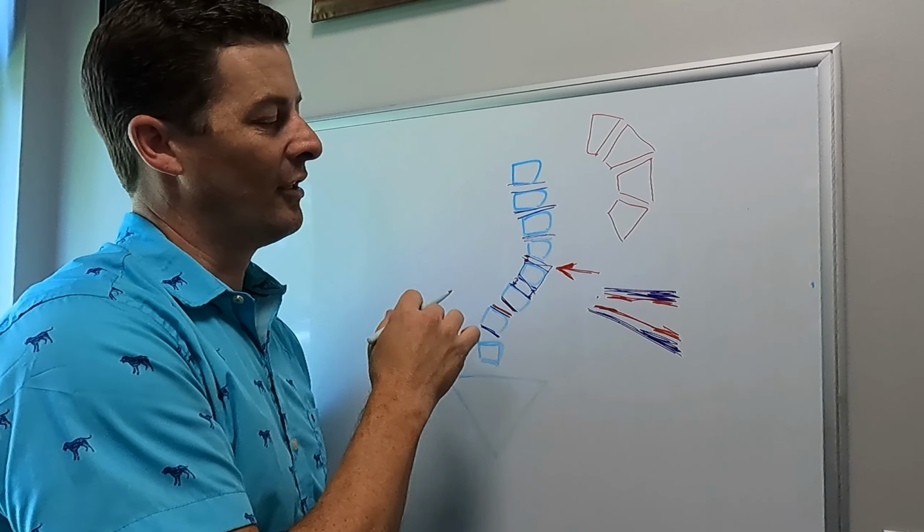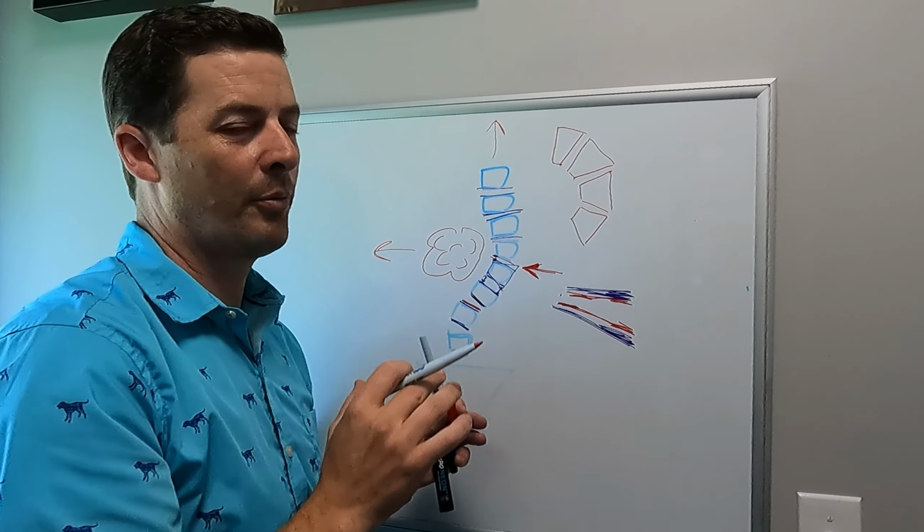With Schroth Method Exercises, we're doing something similar. We're breathing. I usually use a little cloud, and we're expanding to the left, trying to get the spine to come more to the left, trying to get the spine to elongate. And we do that with different movement techniques and different exercises to open that up. But the purpose is the same.